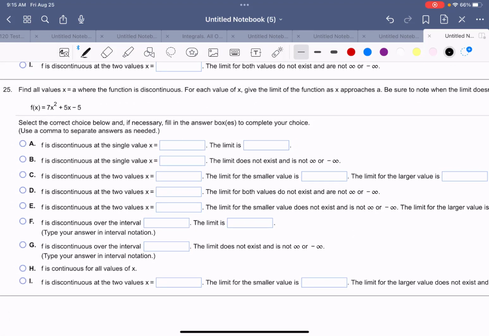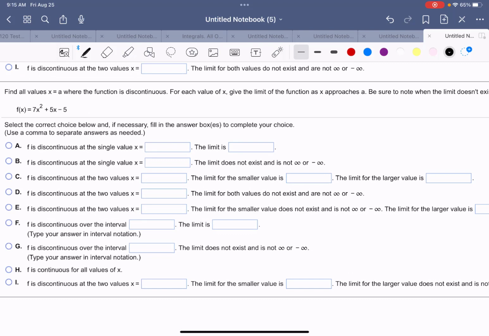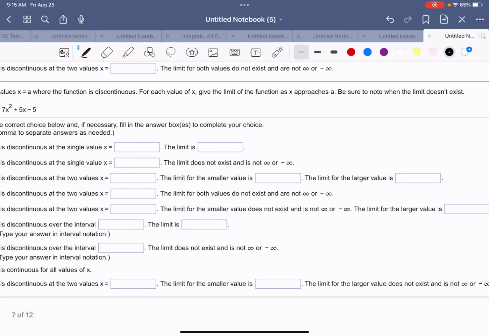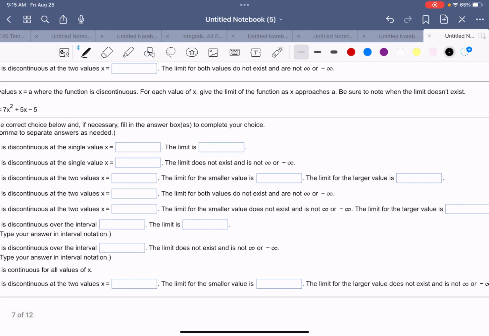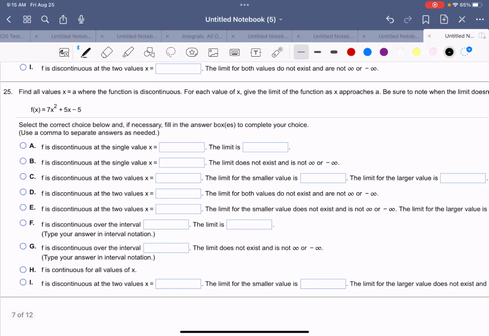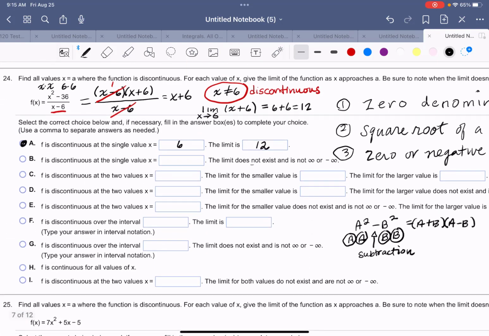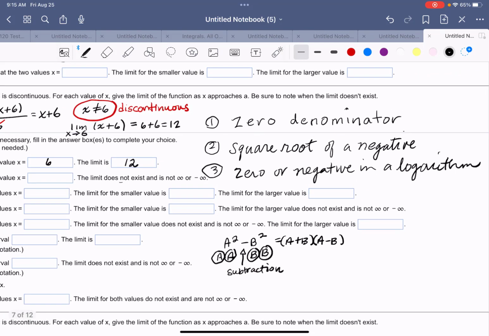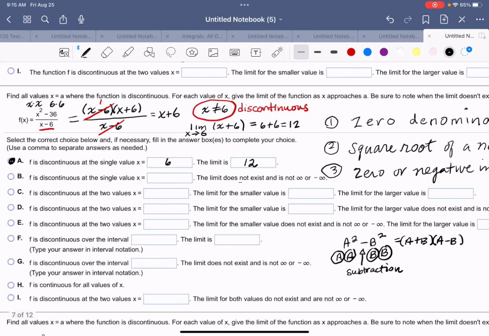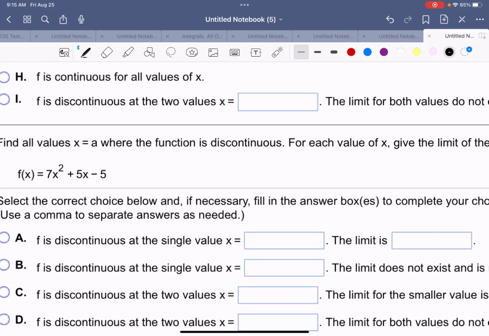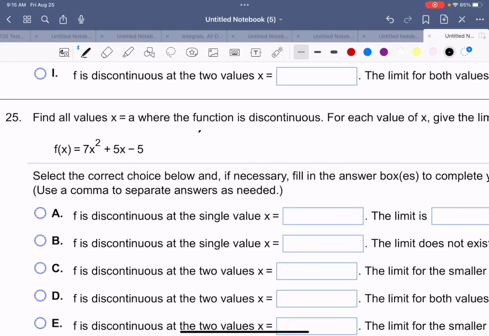Example 25. Find all values x equals a where the function is discontinuous. For each value of x, give the limit of the function as x approaches a. Be sure to note when the limit doesn't exist. Now, if we look back to our three situations where discontinuities occur, zero denominator, square root of a negative, and a zero or negative in a logarithm, we'll notice that for this function, we don't have any denominators, and no square roots, and no logarithms.